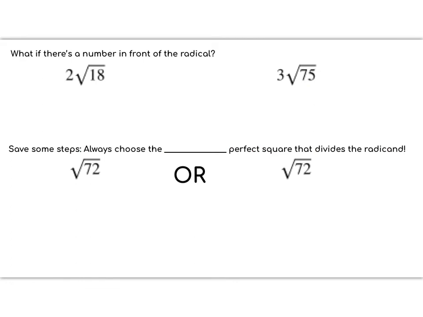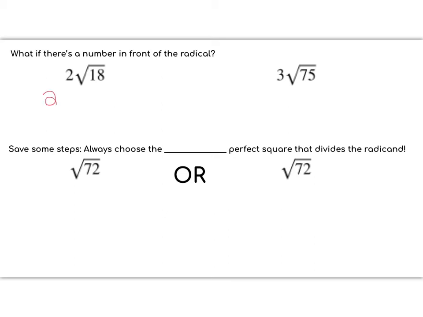Well, what if there's already a number in front of the radical? So here's what you do. If I have 2 times the square root of 18, and that is multiplication between there. When there's no symbol written in between, that's multiplied. This is 2 times the square root of 18. So I know that 9 divides 18.